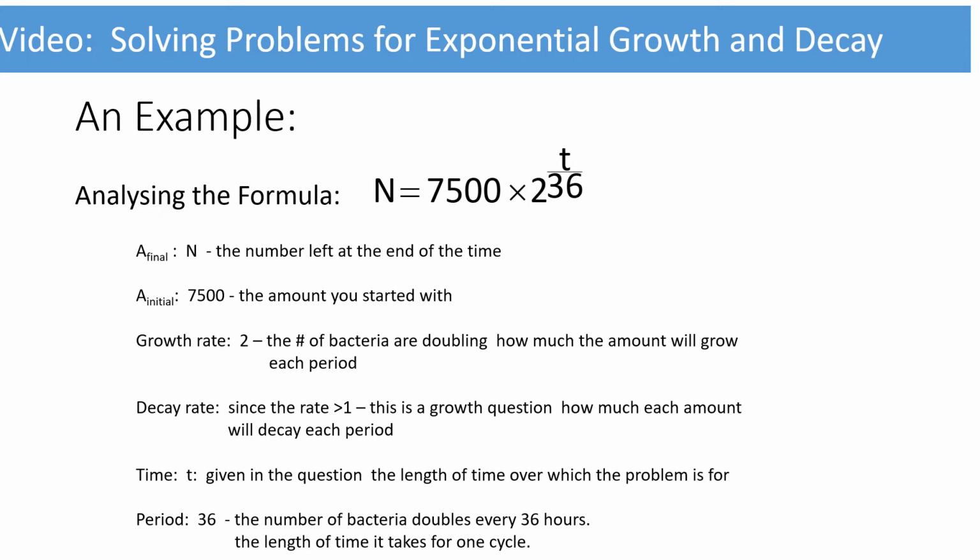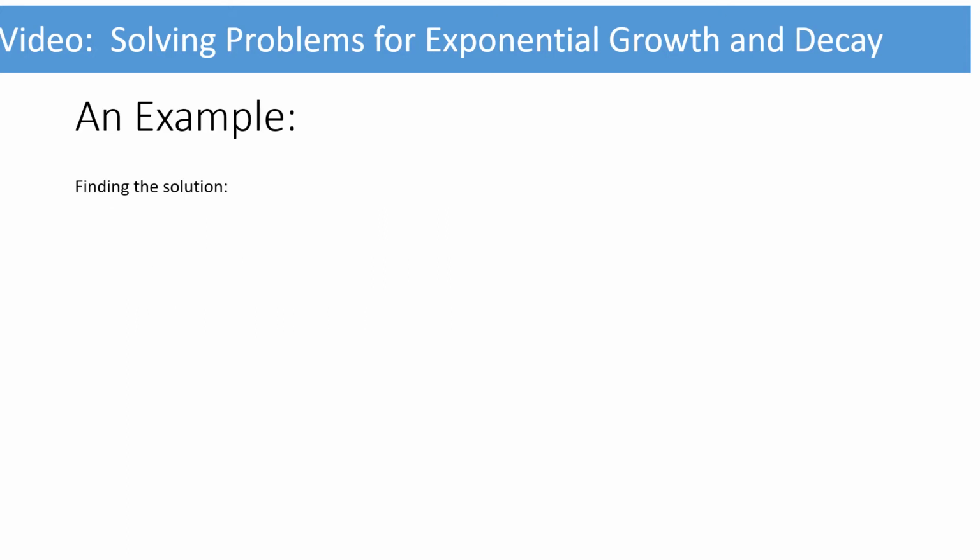So that's the length of time it takes for one cycle. Now that we've analyzed, let's identify what we are trying to find. We wanted to know how many bacteria there were after 36 hours.